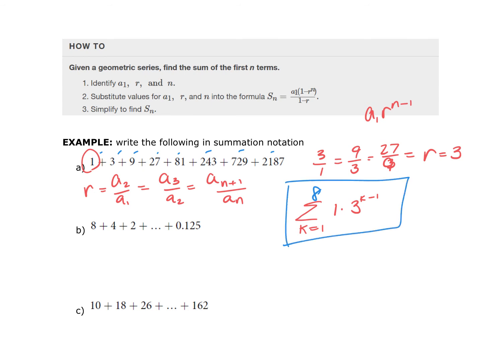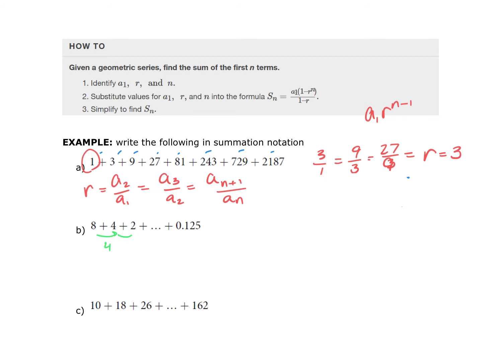That's it. On part B, now this one's different because I don't know how many terms there are. So this adds an extra layer. So for example B and example C, I have to add a little bit to this. To do B, I am going to again start out with, do I have a common difference?